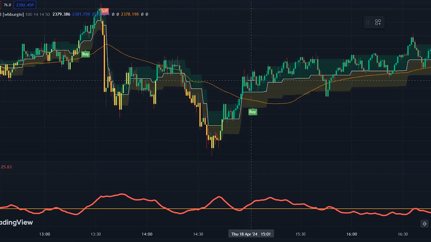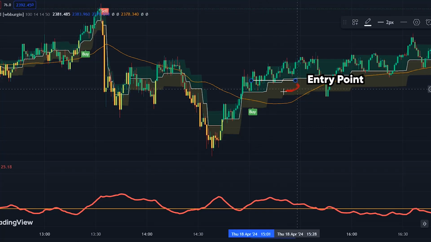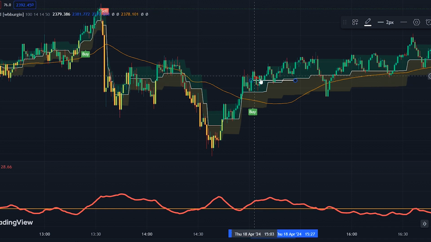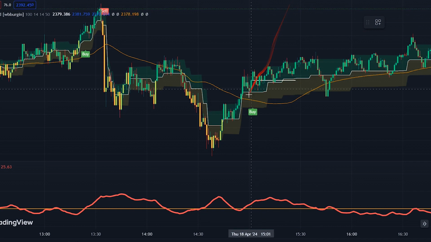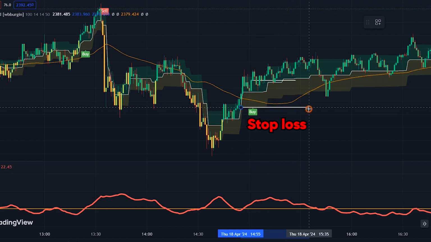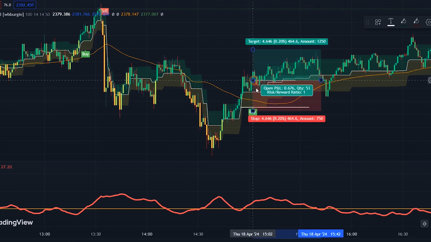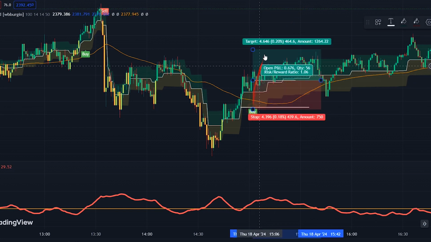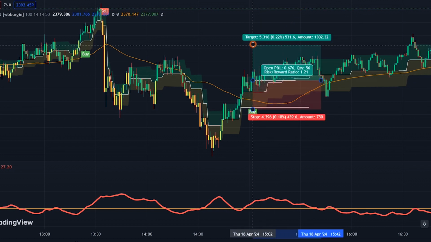Well, we have found the appropriate entry point. We should set our stop loss slightly below the colored cloud of the power trend indicator. Now, it's enough. After placing a buy order, we should consider a take profit for our trade.